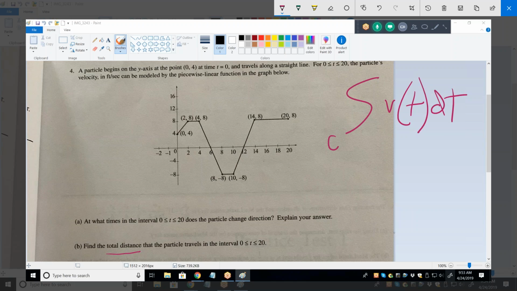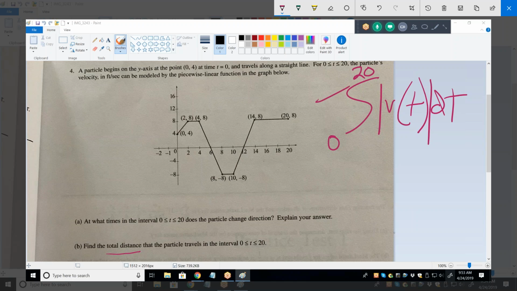So if I knew what the function was, that's how I would do it, and I would need the absolute value sign there. Because when you put the absolute value, it treats all these areas as positive instead of negative. You can put it into your calculator if you knew the function.